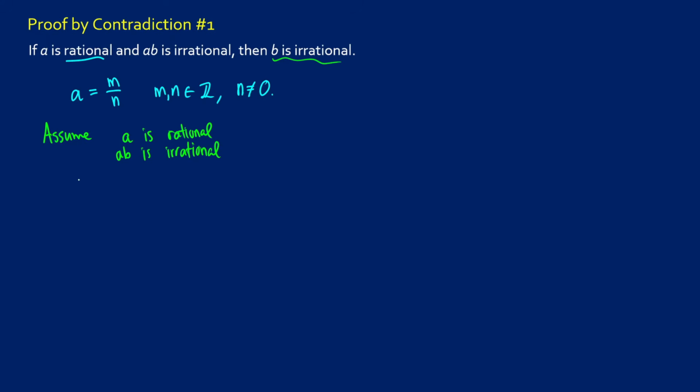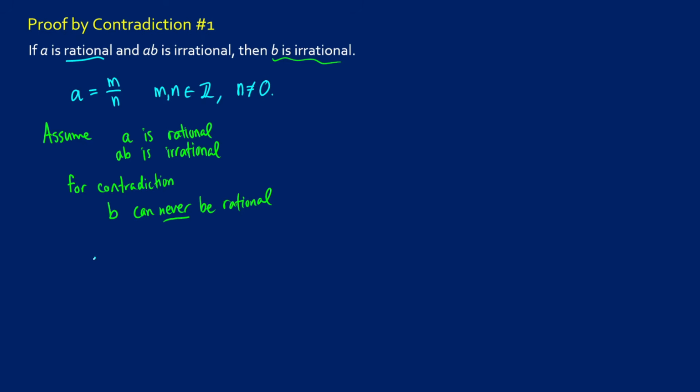And for contradiction, instead of just directly showing that B has to be irrational, we're going to show B can never be rational. Because if B can never be rational, that means it must be irrational. So we're going to assume that it's rational and then find a contradiction with our assumptions.